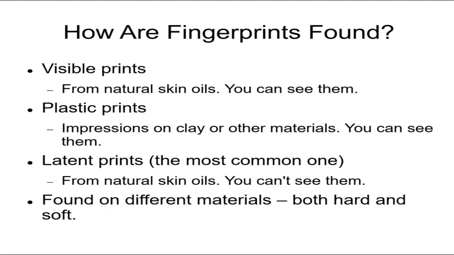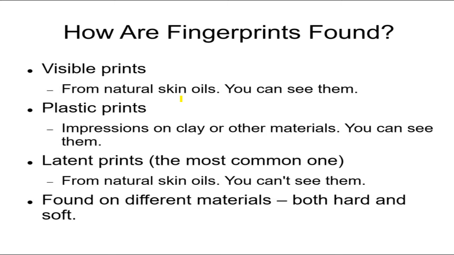Now, the obvious ones are that you can see them. I don't know if your mother ever told you, get your hands off the window, you're leaving prints on it. Yeah, sometimes prints are visible. This comes because the natural skin oil, as the finger presses on it, the ridges squeeze the oil more than the non-ridge parts, and this will leave a fingerprint.